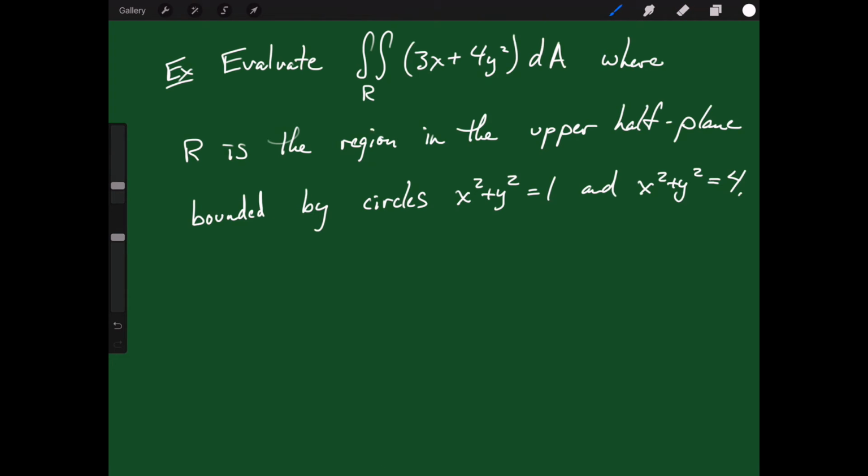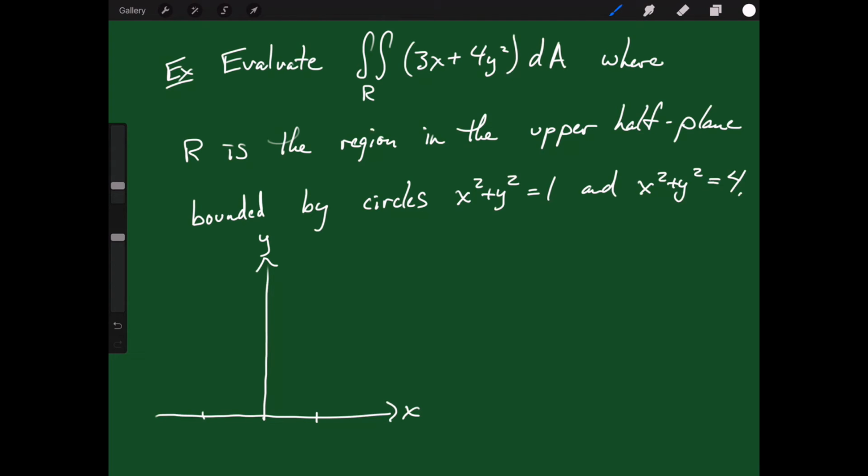All right. So first let's just draw our region and see what the region looks like. It says it's in the upper half plane. So here's my x-axis, here's my y-axis, and I've just drawn the upper half plane. And the circle x squared plus y squared equals 1 is just the circle of radius 1 centered at the origin.